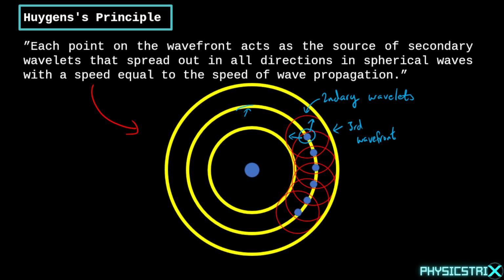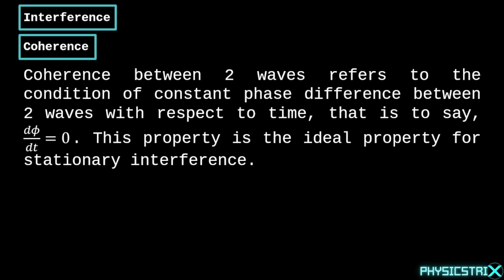Before we can explore interference, however, we have to explore what it means for two waves to be coherent. So let's look into that. First things first, what is coherence? When we say two waves are coherent, what do we mean?